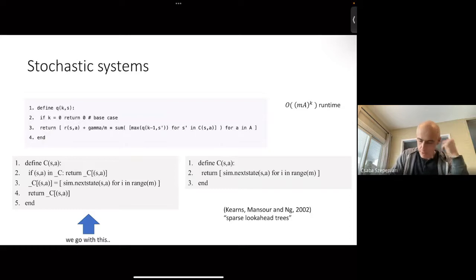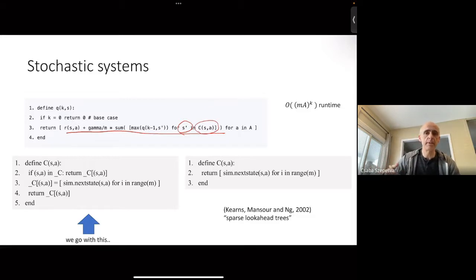And so whenever you're in this call and you're trying to calculate what this backup is, then you can just sum up over next states within a set. And what is this set? Well, let's say this is a function.